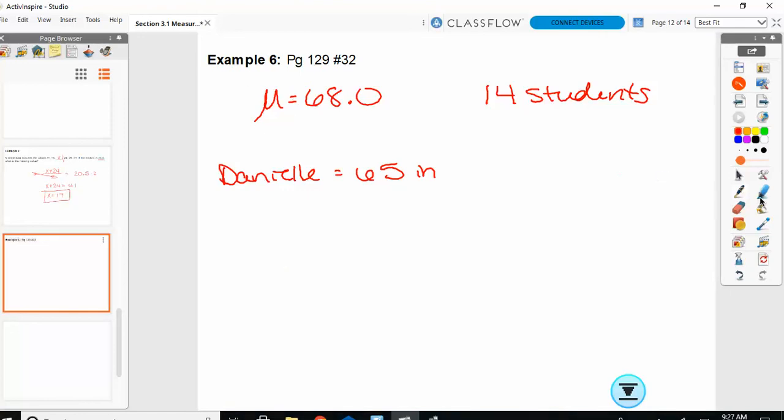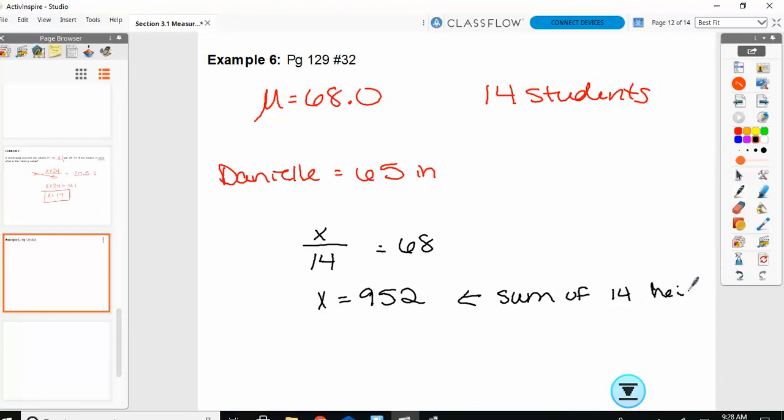Think about, how did I find this mean to begin with? I added up all 14, so let's just call that x. I divided by 14, and it equaled 68. So if I want to solve for x, we can multiply over that 14. We get 952. This is the sum of the 14 heights.